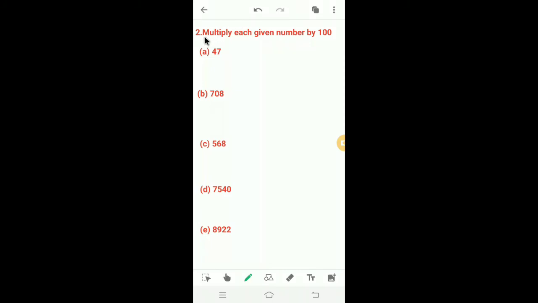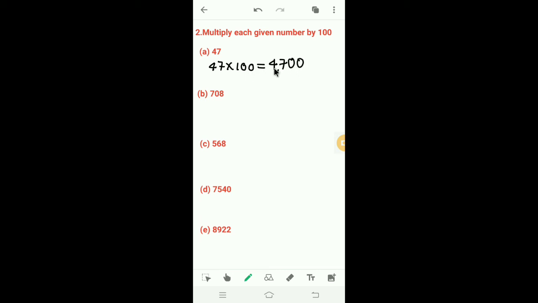Let's solve the second one. Multiply each given number by 100. The first one, 47 into 100 is equal to, if we multiply any number by 100, then write given number as it is and add 2 zeros at the end of the number.